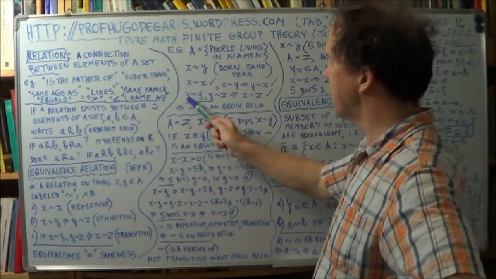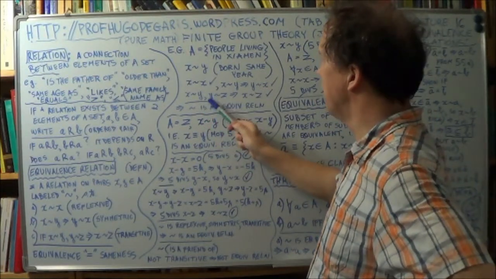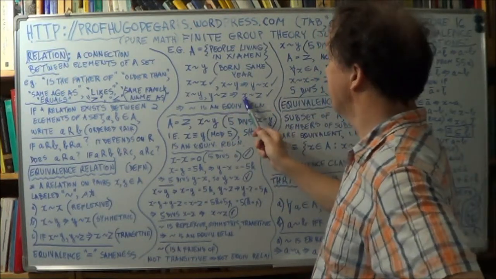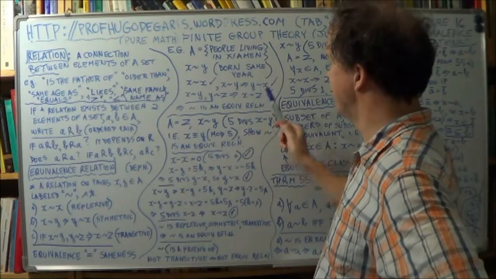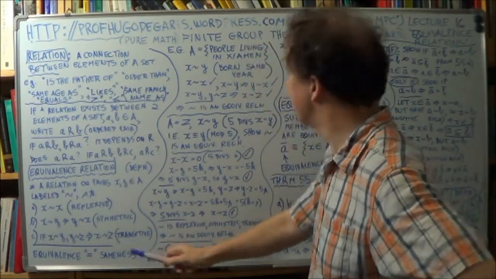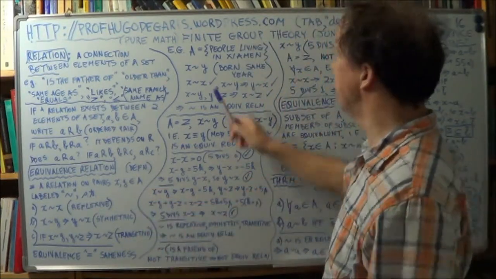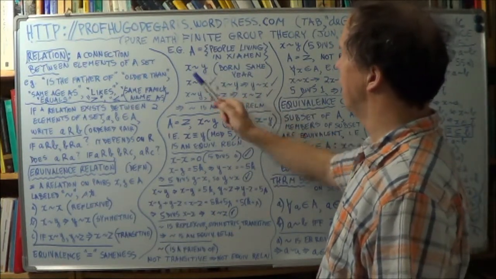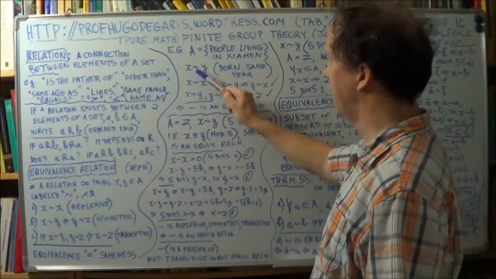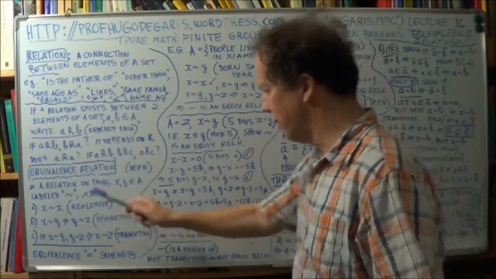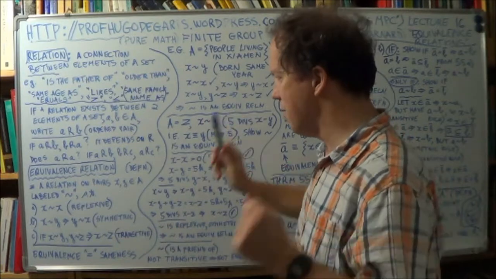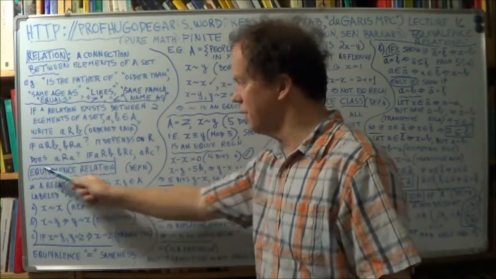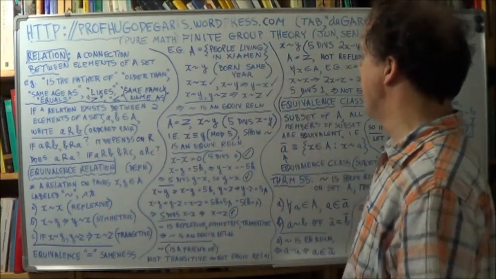Now, if person X is born in the same year as Y and person Y is born in the same year as Z, then common sense says person X is born in the same year as person Z. So yes, transitive. Okay, so we've got all three properties. Therefore, this relation here, born in the same year, for this set, people living in Xiamen, is reflexive, symmetric, and transitive, and therefore it's an equivalence relation. It's a special kind of relation. It's an equivalence relation, right?